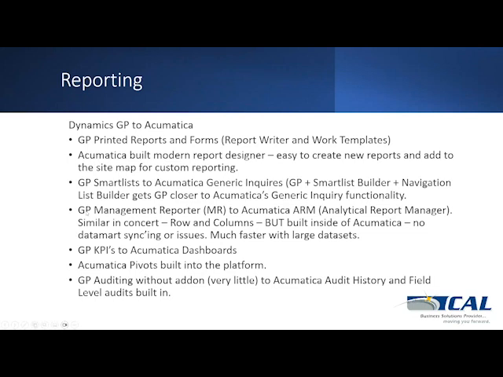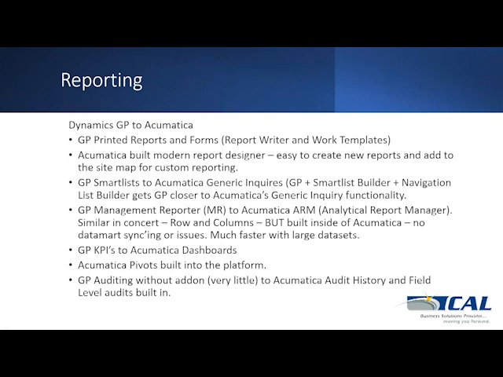It's built-in functionality. Financial reporting. GP's got Management Reporter. Previous to that was FRX. Acumatica has something called ARM, Analytical Report Manager. They both have a similar concept of rows and columns. The difference is that Acumatica is built inside the platform.